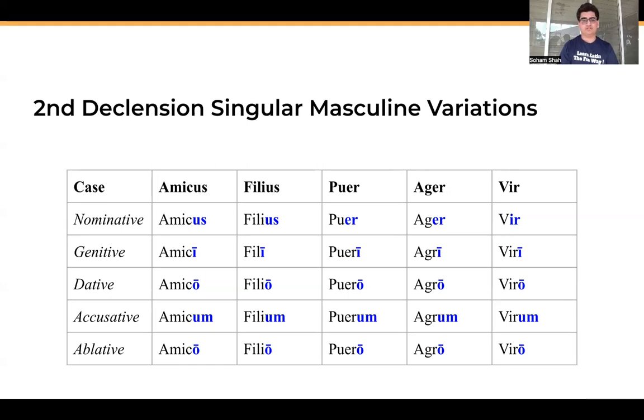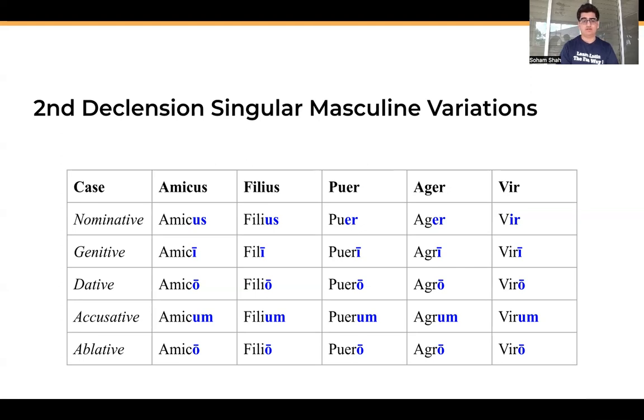Now let's look at filius. This is a little different than amicus because we have the I in filius after the L. It's not the initial I, it's the second I. So a lot of students get confused in what happens with this I. What you need to understand is the pattern will still remain the same.